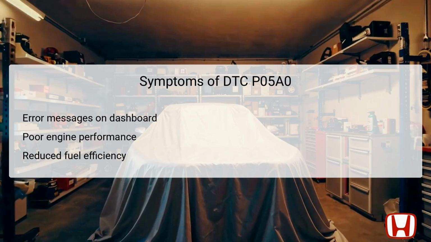One of the significant implications of this error code is a noticeable decrease in engine performance, as optimal airflow becomes restricted, affecting cooling and combustion efficiency. Additionally, the vehicle may exhibit reduced fuel efficiency due to improper air management, leading to an increase in fuel consumption. It's essential to be aware of these symptoms to identify the issue early and take appropriate action before further complications arise.